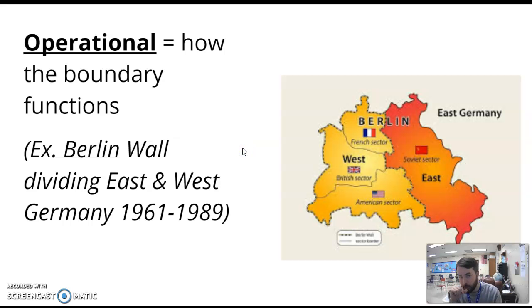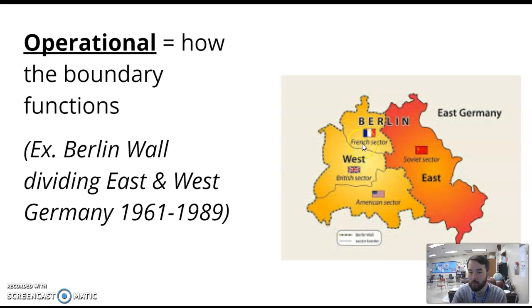Next is operational. And this is the example that we're going to get into more depth today with an assignment about the Berlin Wall. But operational disputes are revolving around how the boundary functions. So when the Berlin Wall existed, after World War II, Germany was split into East and West. All right, East Germany was controlled by the Soviet Union. West Germany was controlled by Britain, the United States, and France.